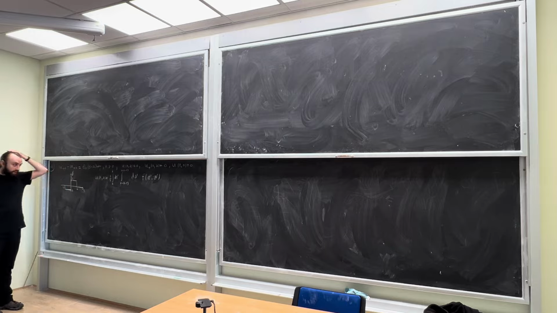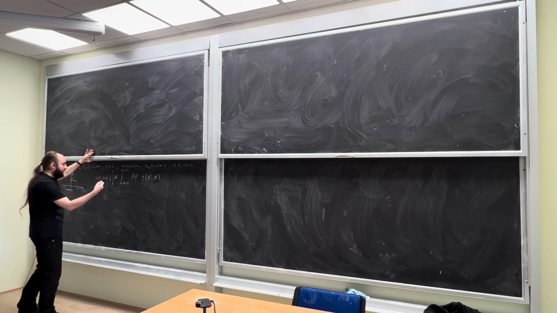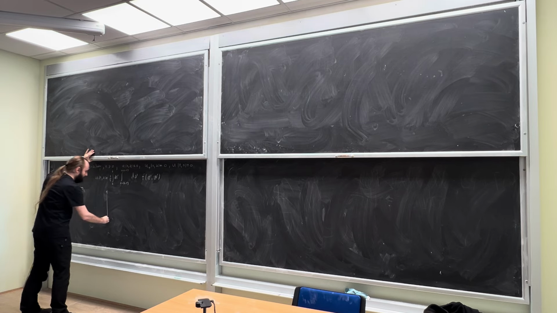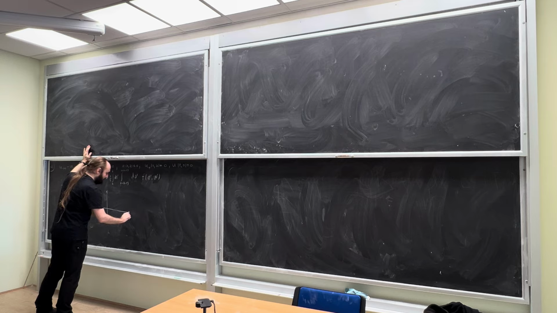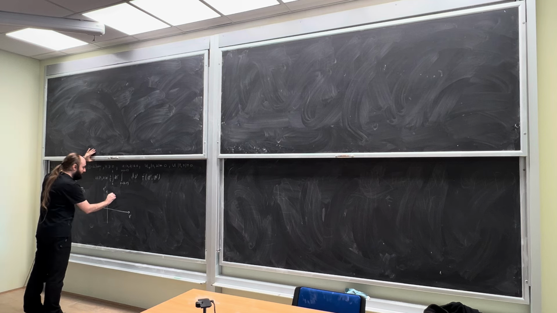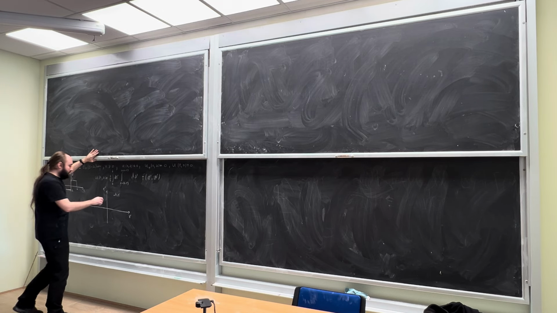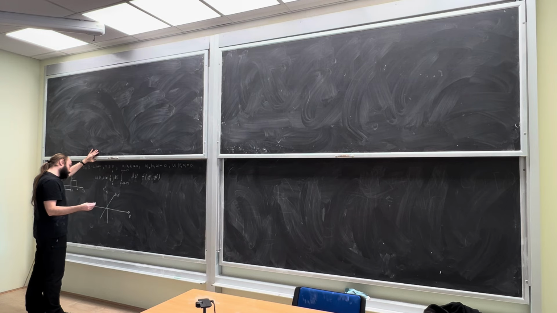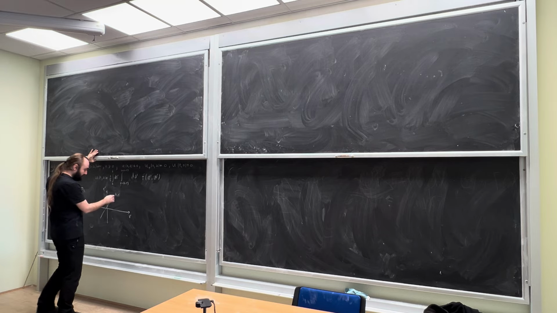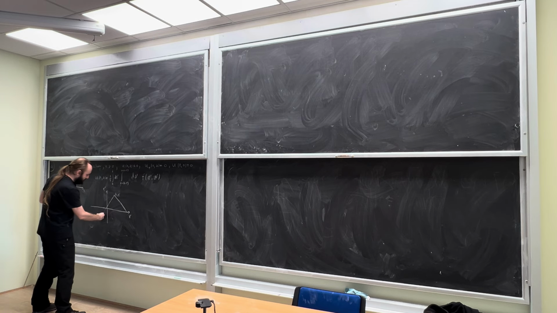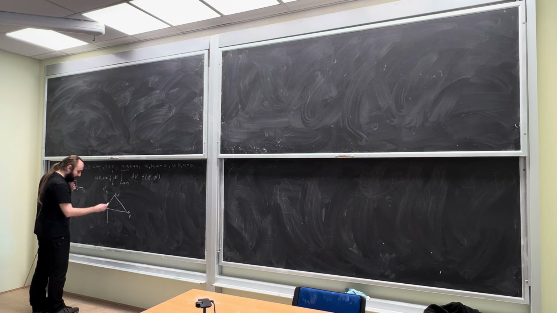So the picture looks like this. We have the t prime, x prime plane, and to compute u of t and x, we need to integrate this function over the following triangle.